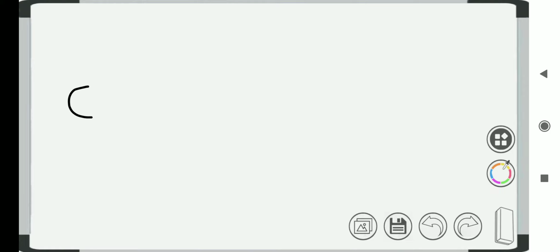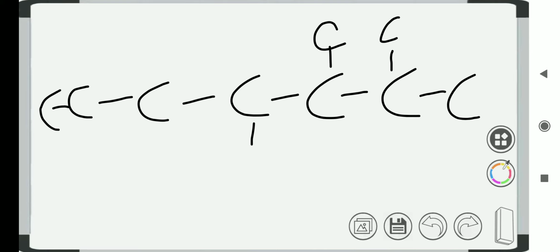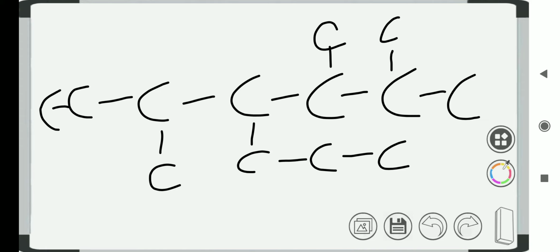Imagine we have a carbon chain of 7 carbon atoms. Imagine we have methyl groups, followed by a propyl chain, then followed by one additional methyl.